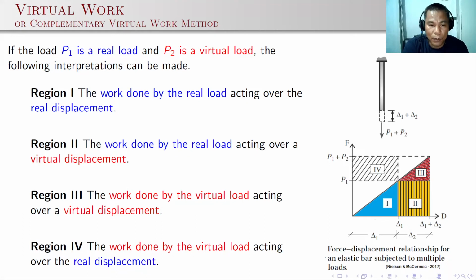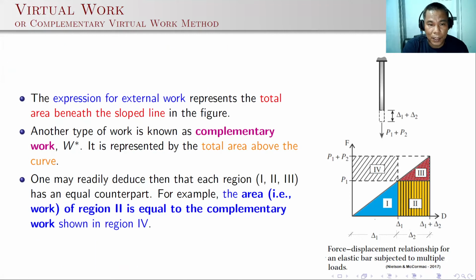Region 3 is the work done by the virtual load P sub 2 acting over a virtual displacement delta 2. Region 4 is the work done by the virtual load P2 acting over the real displacement delta 1. Here, the expression for the external work represents the total area beneath the slope line in the figure.